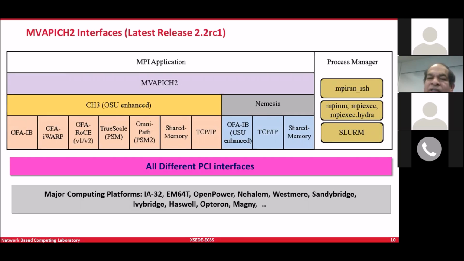We also have support for Nemesis, and it supports all different PCI interfaces and platforms. With respect to process managers, we have a lot of flexibility. The best one is, of course, mpirun_rsh, but we also support mpirun, mpiexec, mpiexec.hydra, and we also have very good support for Slurm.